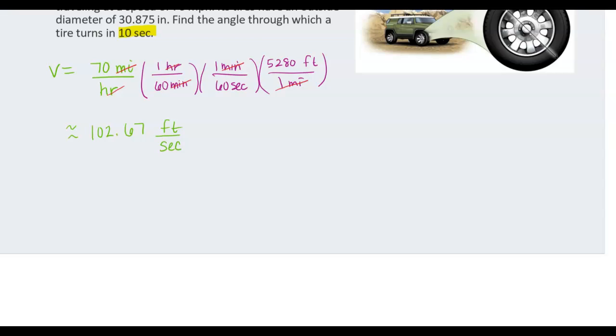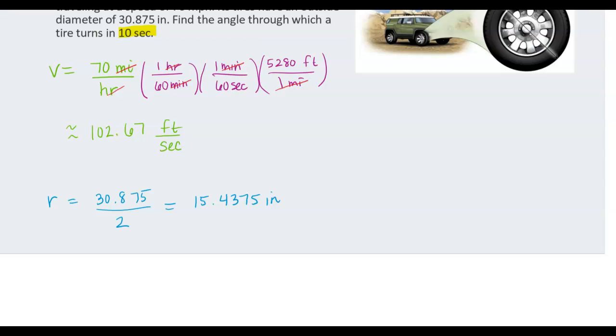The radius is 30.875 divided by 2, which is 15.4375, and again that was in inches.